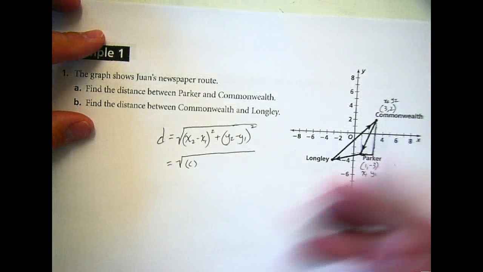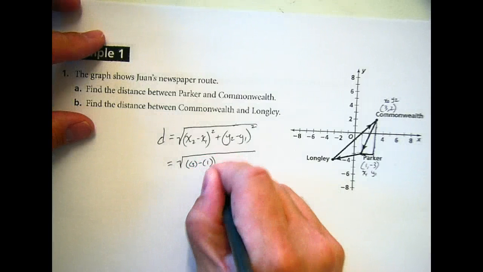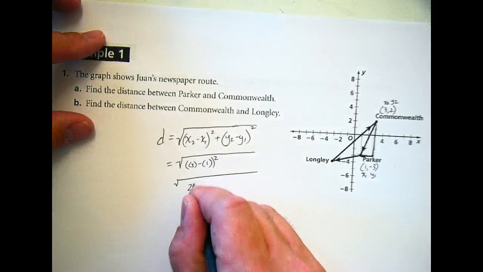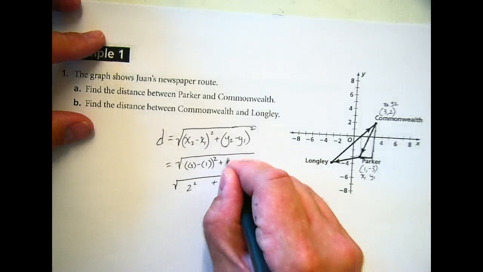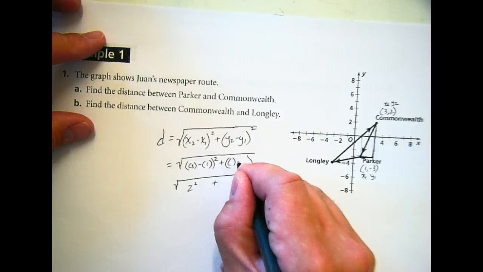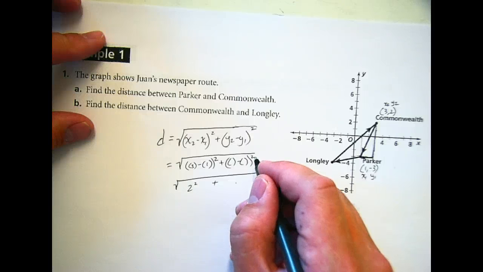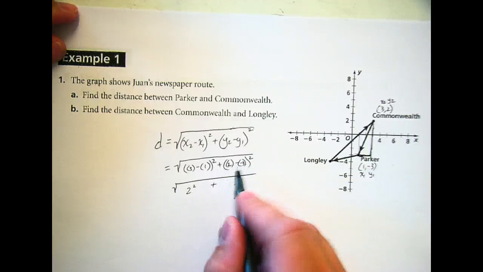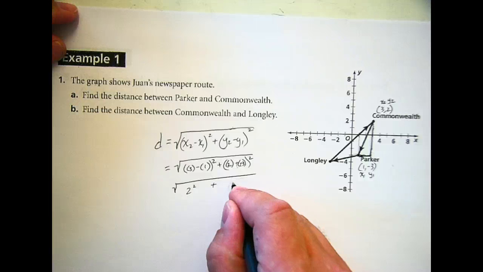So x2, if I do that, I get our 3, and I have minus 1 squared. 3 minus 1, that's 2 squared. And we have plus, what do we end up over here? y2 minus y1? Anyone? So 2, negative 3. Now notice I have a double negative here. That means plus, right? Which is what down here?